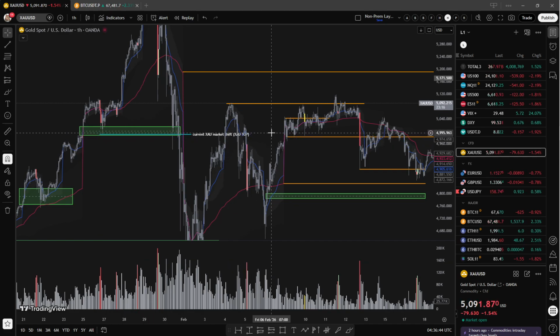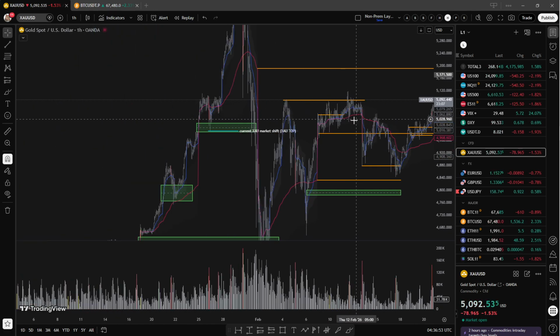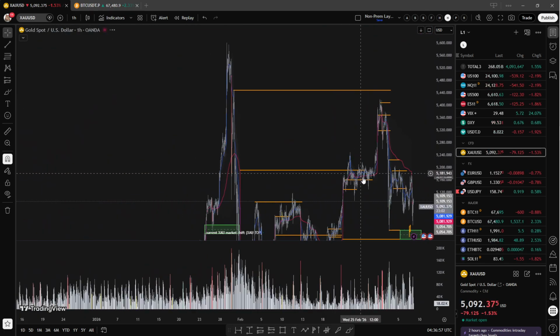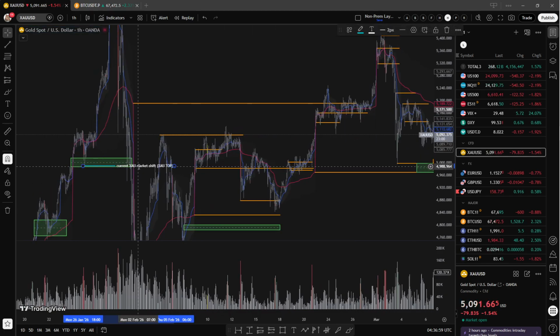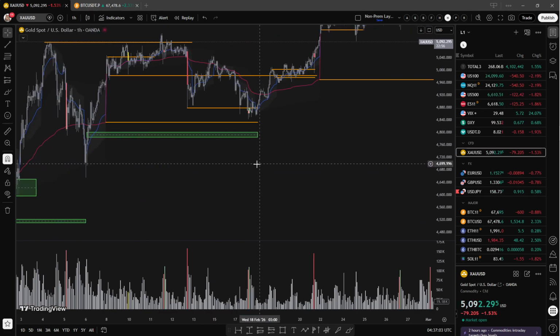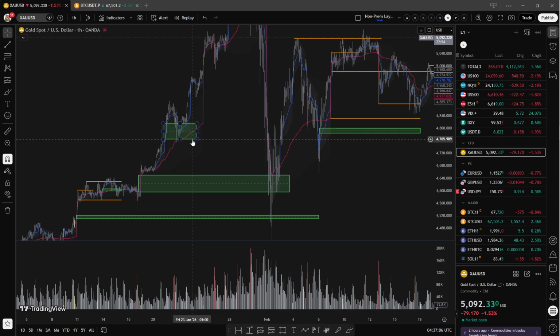XAU top for higher time frame that I made like days, no, not days, 1 month ago actually. Dope. Okay. So it was wrong on this part. It was also wrong. Okay, we're gonna remove this.